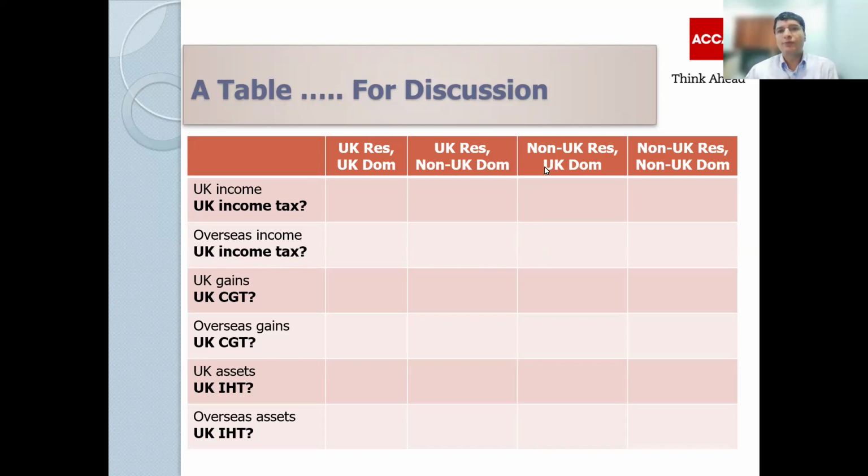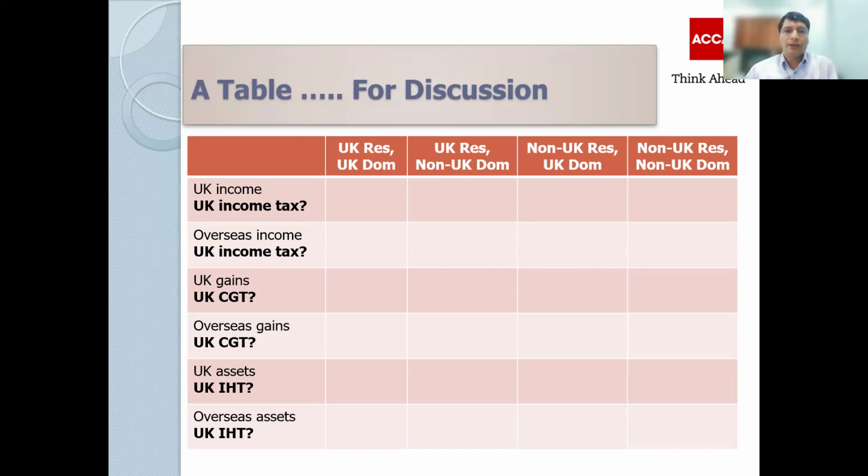Now, moving further, if someone is non-UK resident but UK domicile, overseas income is not liable to UK income tax, simply because the income tax principle lies on residency, not on domicile in the UK.